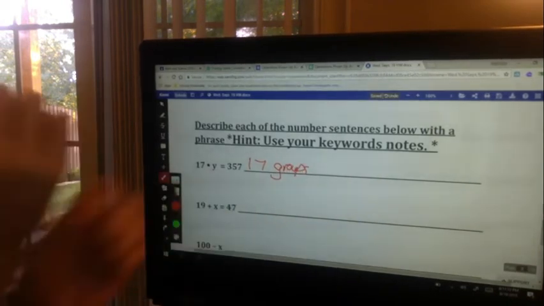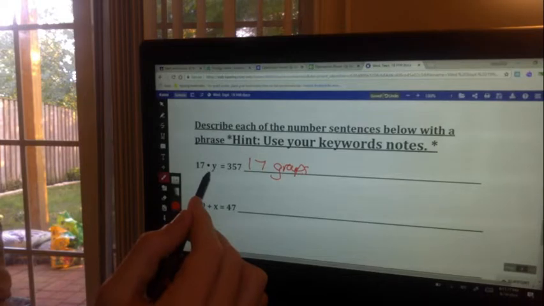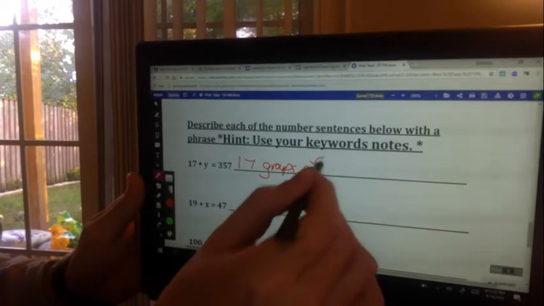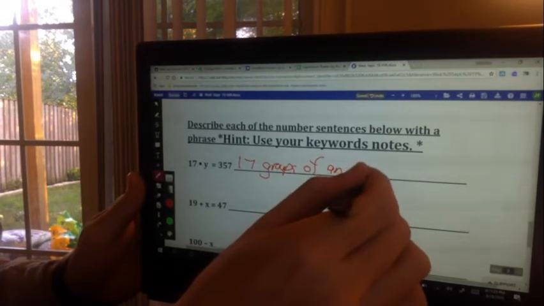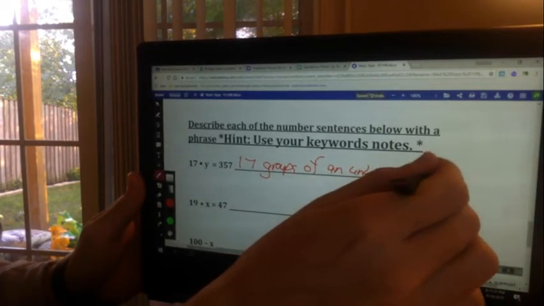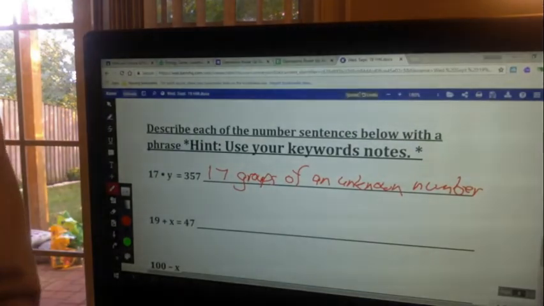And you might not use that same word. 17 groups. I could either say of y, but I want to say it in a little different way. So I'm going to say 17 groups of an unknown number. Sorry, I'm writing a little sideways. 17 groups of an unknown number.